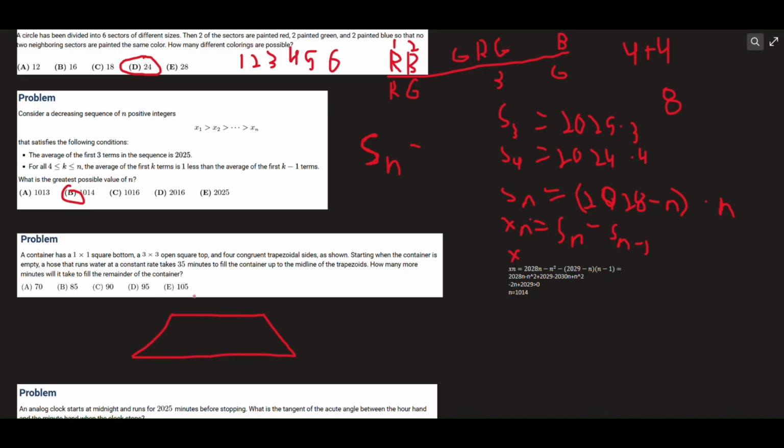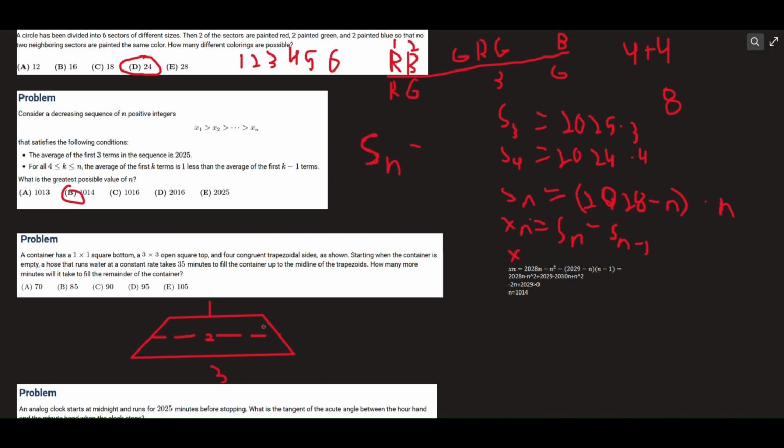And we know that the top has a side length of 3 and the bottom has a side length of 1. So then we know that the midline must have a length of 2.